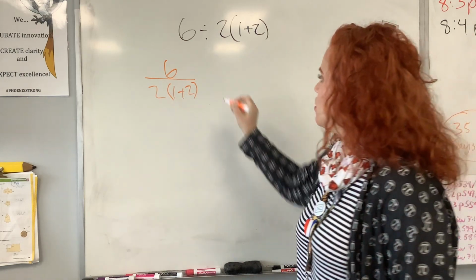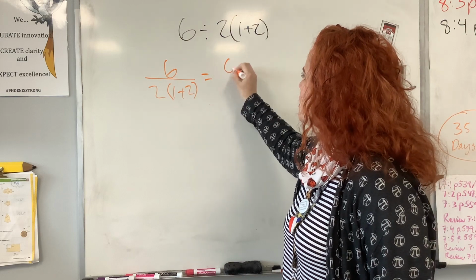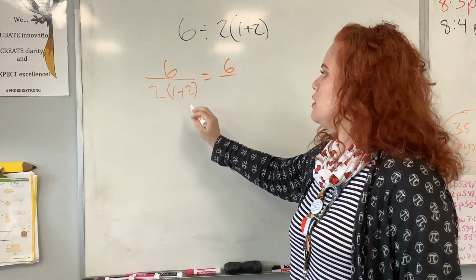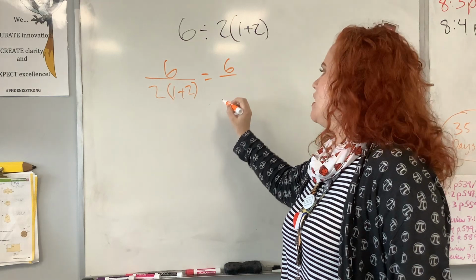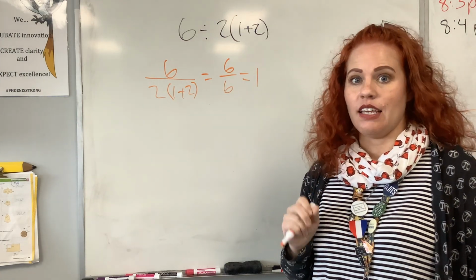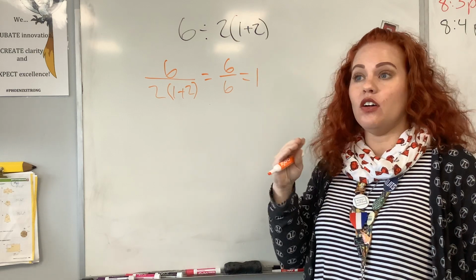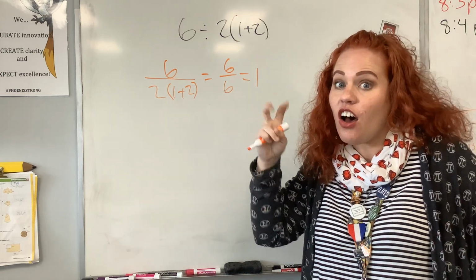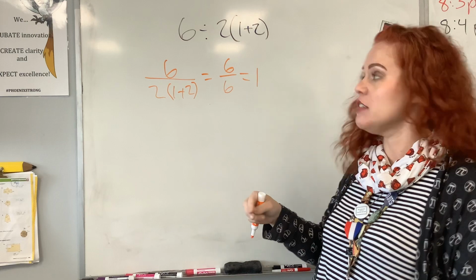Okay, does that make sense? And so if we do that answer, 6 divided by 1 plus 2 is 3. 3 times 2 is 6. So that equals 1.